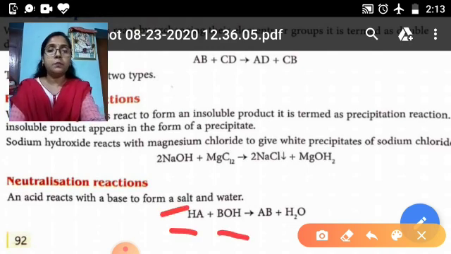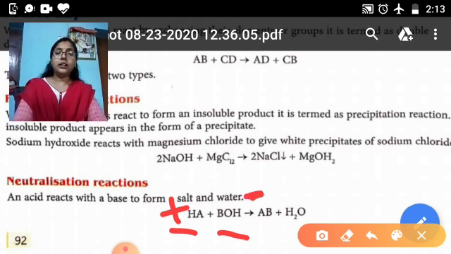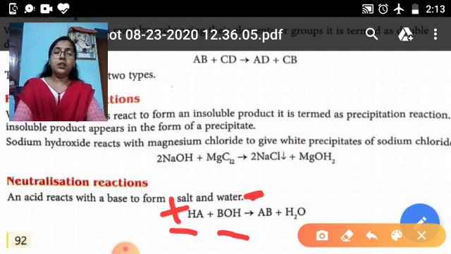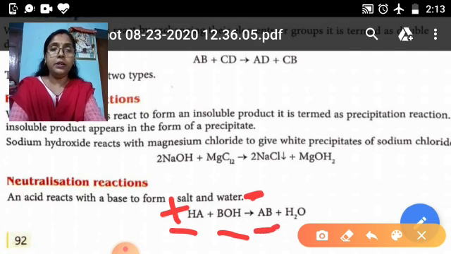Hydrogen here will be in the plus form and OH will be in the minus form. That is, H is the cation and OH will be the anion. So what will happen when acid and base react? They will neutralize each other, and then they will form a new compound which is called salt, AB, and also water is liberated. Water is given out.